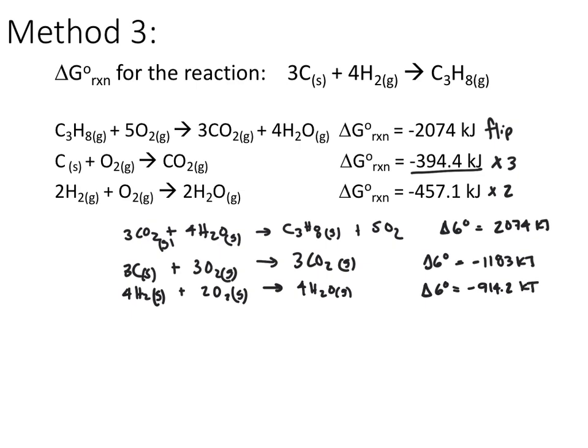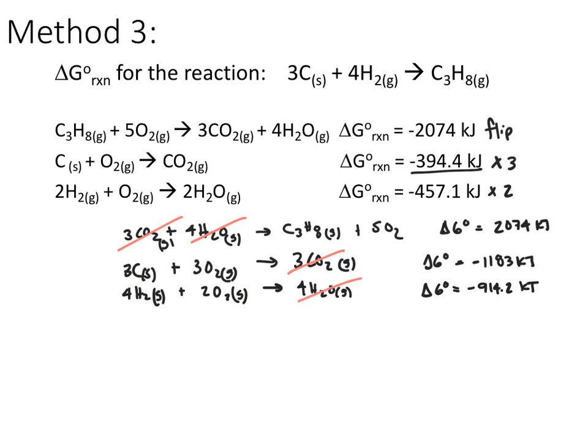Okay, and then what we're going to do is check and see which species cancel and if these equations sum to our overall equation. First of all, we have 3 CO2s on this side and 3 CO2s on that side of the arrow, so those cancel each other out. Okay, we have 4H2O and 4H2O.